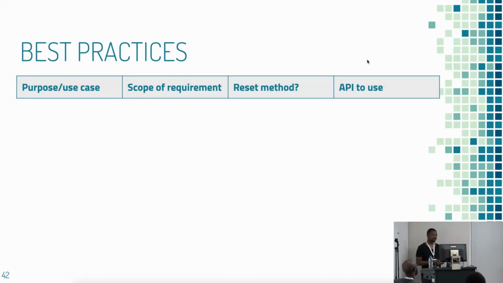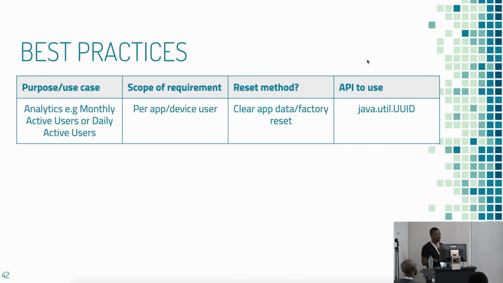So the best practices. So let's say the purpose of your app is to do analytics. So for example, you want to do the monthly active users or daily active users. Okay, so the scope of requirement is per app or device user. And then the way that this data will be reset will be if the user chooses clear app data or does a factory reset.